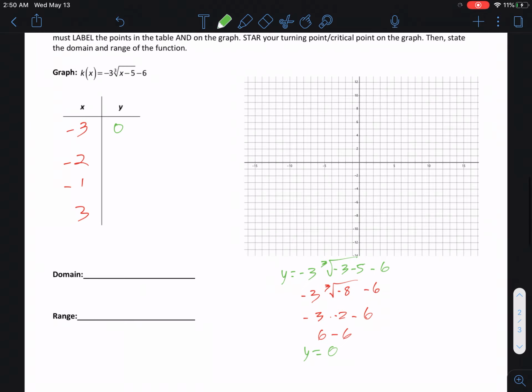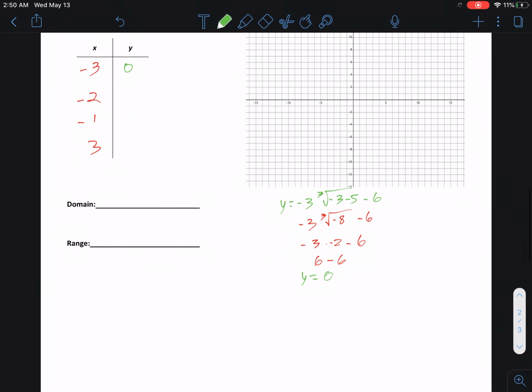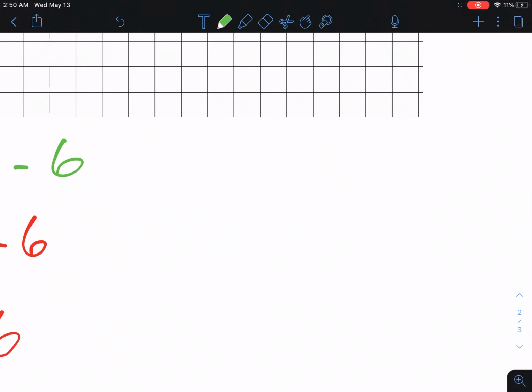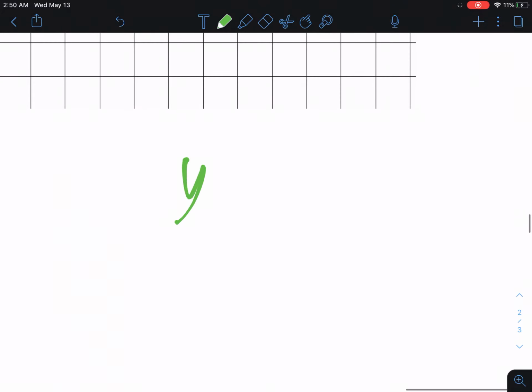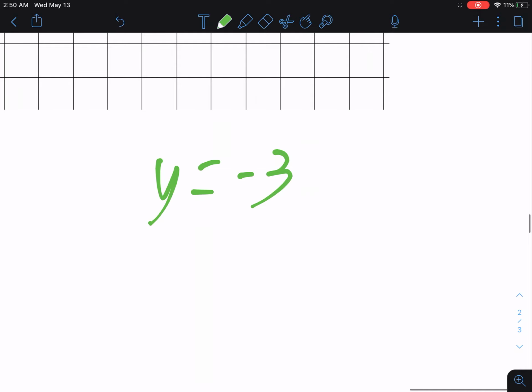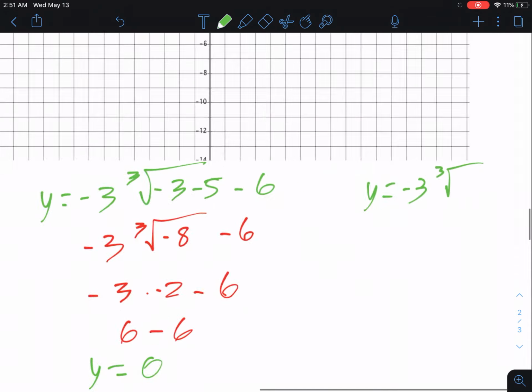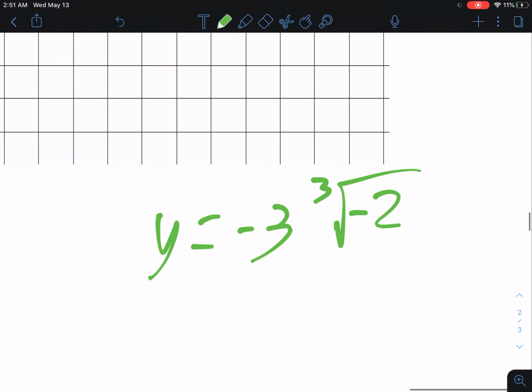Now for our next equation, where x equals negative 2, we would write y equals negative 3, the square root up to the third, and then it'd be negative 2 minus 5 to minus 6.